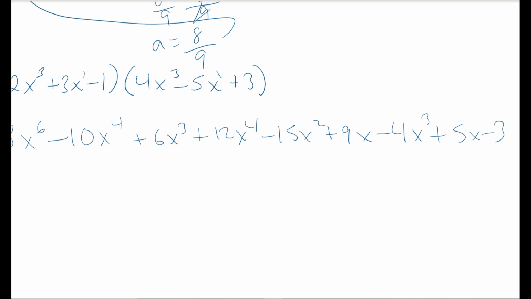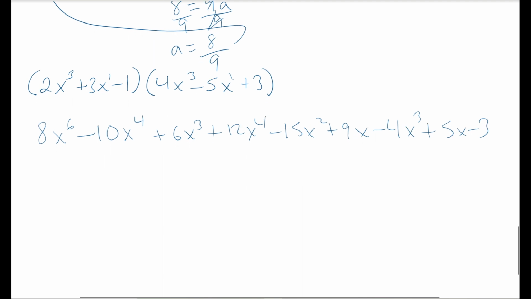So a lot of terms there. So now we combine our like terms. So we have no like terms for 8x to the 6th, so we're going to bring this down. All right, so that's done. We have negative 10x to the 4th and positive 12x to the 4th. So let's combine those two together. That'll give you positive 2x to the 4th.